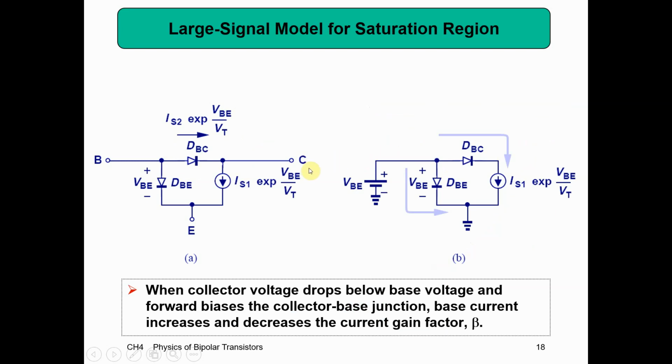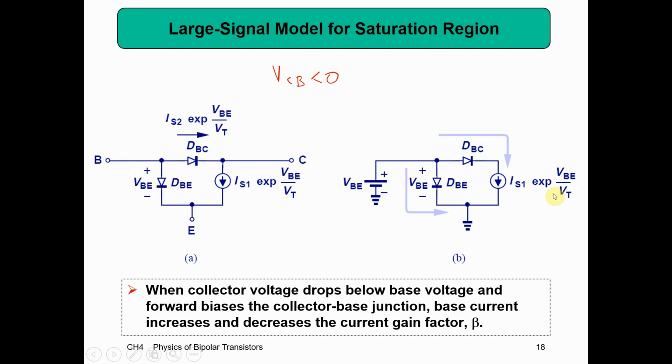So you see, if my voltage from my collector to my base is less than 0, then that is no longer reverse biased. And if that happens, then I really do model it with 2 diodes. So now I have this forward bias diode from my base to my collector, and a forward bias diode from my base to my emitter.